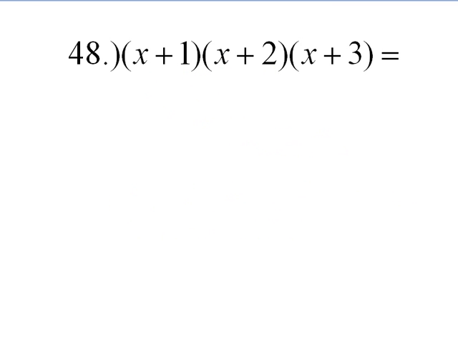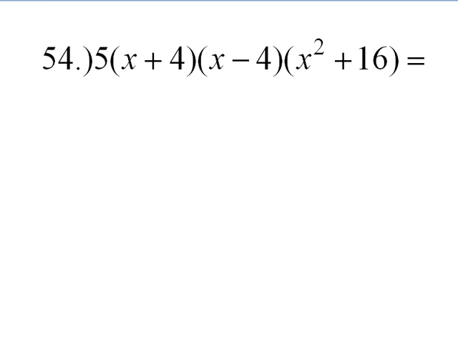Okay, let's see what we have next for you. Oh no, we're getting even more complicated, but what can we notice here? We have an x plus 4 and an x minus 4.